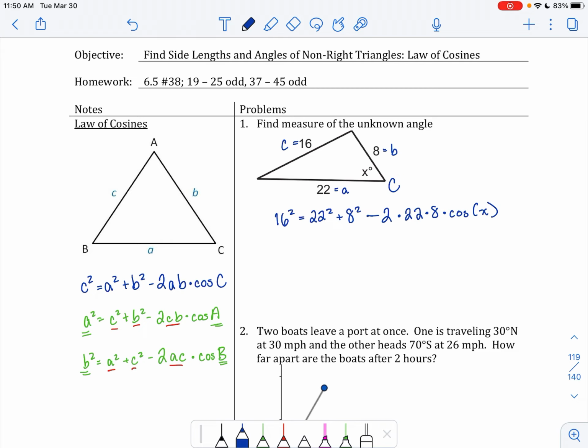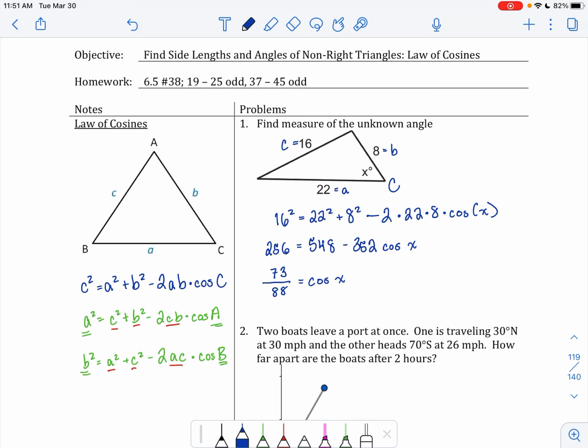Now I'm going to start by just doing the arithmetic that I can. So 16 squared is 256. 22 squared plus 8 squared is 548. Minus 2 times 22 times 8 is 352 cosine of x. Now I'm going to solve for that cosine, subtract over 548, then divide by negative 352. I'm using my calculator, so it gives me the simplified fraction of 73 over 88 is equal to cosine of x.